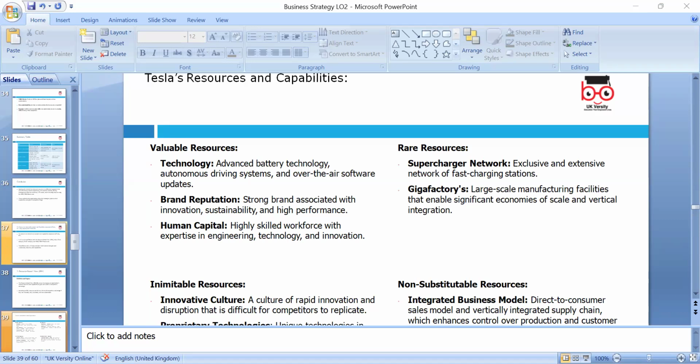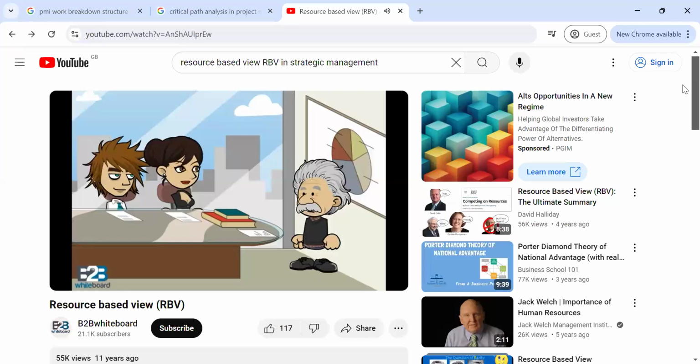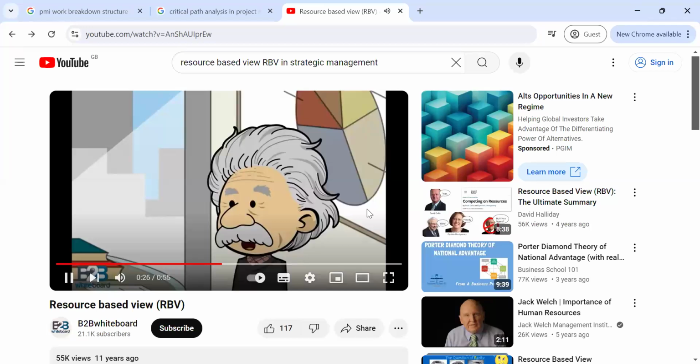Hello class. Can I explain any marketing concepts? Professor Siegfried, can you explain what the resource-based view of a firm means? Well, Sarah, the resource-based view, RBV, of a firm recognizes that each firm has a bundle of valuable resources that it applies to give it a competitive advantage over its competitors.